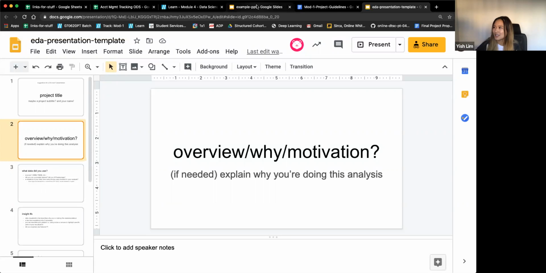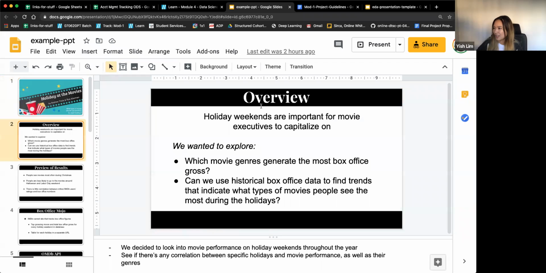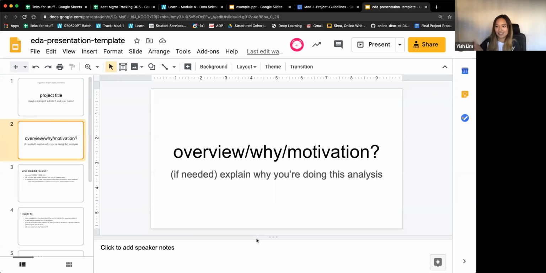For example, in this example, they did one that analyzed movies that came out on holiday weekends. And you can see their notes here, they want to see specifically how movies do on holiday weekends, because those are based on their hypothesis. They're like, yeah, movies probably do the best during holiday weekends. How can we maximize this? So if you have something like that, definitely that would go in a slide like this.